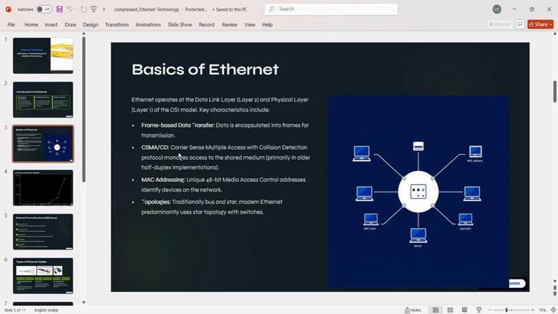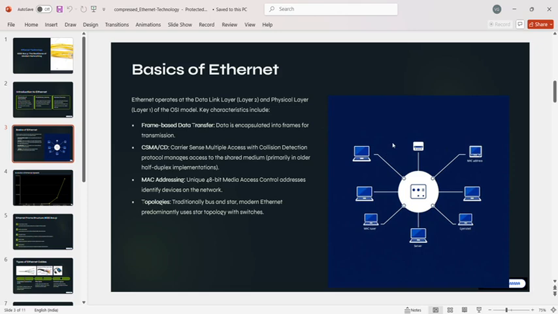Next, CSMA/CD. CSMA/CD means Carrier Sense Multiple Access with Collision Detection, a protocol that manages access to the shared medium in half-duplex operation. CSMA/CD is a protocol used to avoid or overcome data collisions.